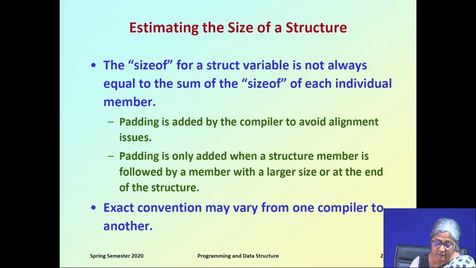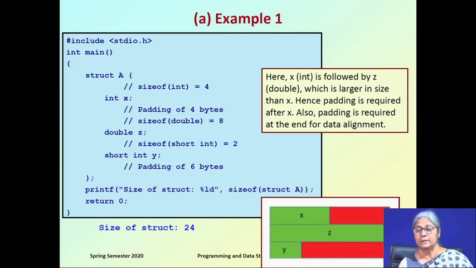We will see that. So, the exact convention may vary from one compiler to another, because we already learned that how many bytes each variable requires also varies from compiler to compiler. Again this padding also varies from compiler to compiler. We see one example.